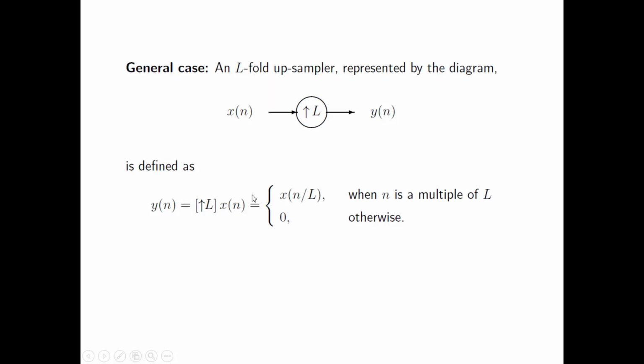We have already done an example with an upsampling factor of 2. But here we are taking a general case, and if the upsampling is to be done by a factor of capital L, then y[n] will be given by this notation: x[n divided by L] when n is a multiple of L, and 0 otherwise.